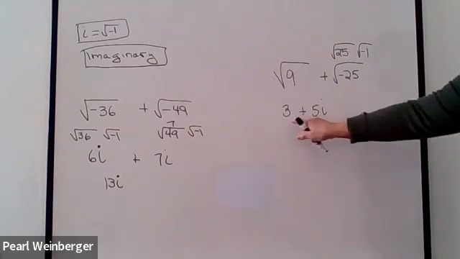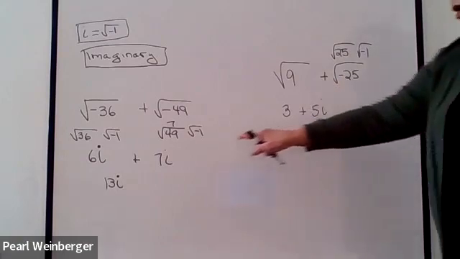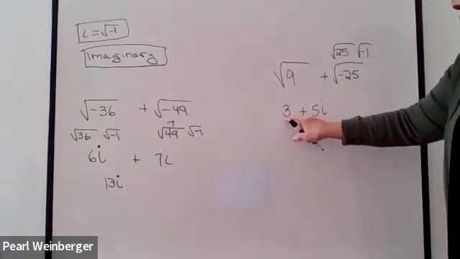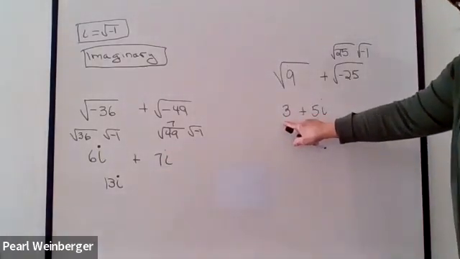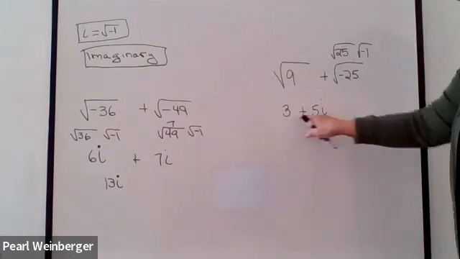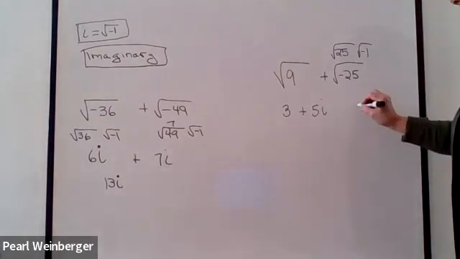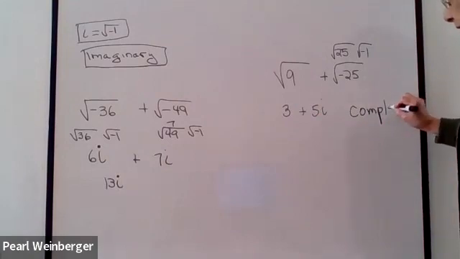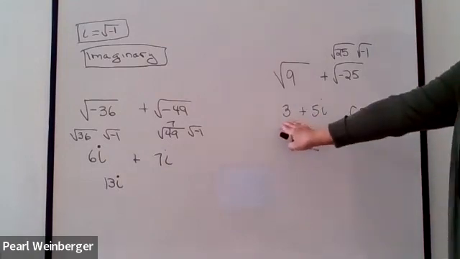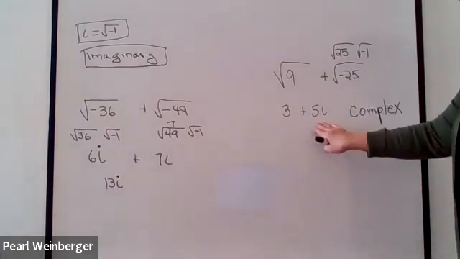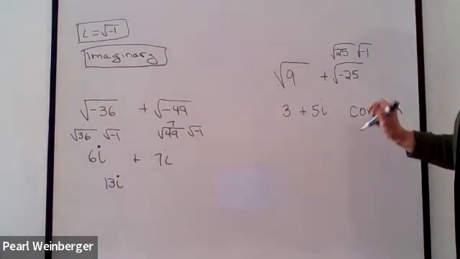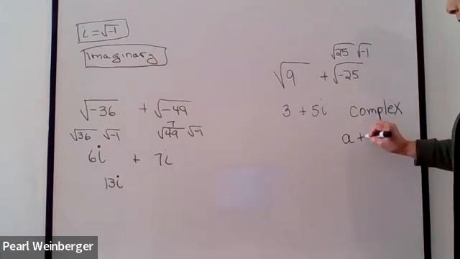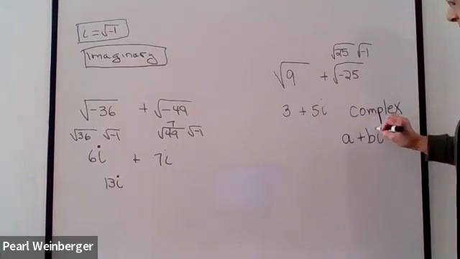As a matter of fact, a plain number like this is called an imaginary number, but a number that's a combination of a real number, 3 is a real number, and an imaginary number is what we call a complex number, because it's a combination of two types of numbers, real and imaginary. Complex numbers are in the form a plus bi.